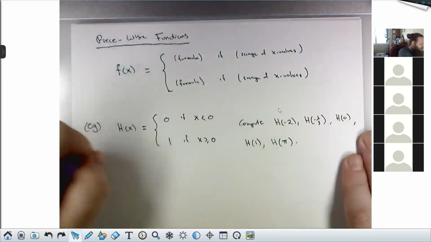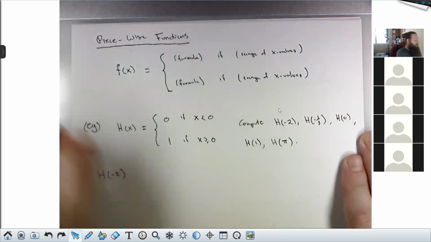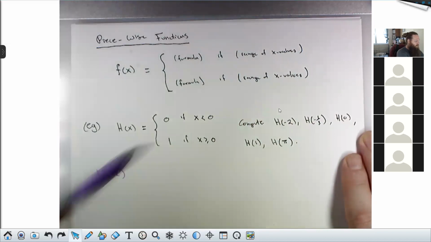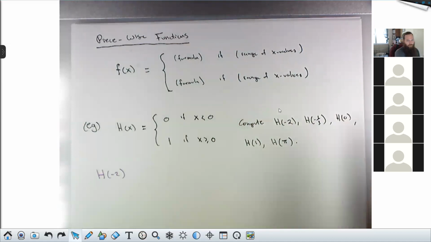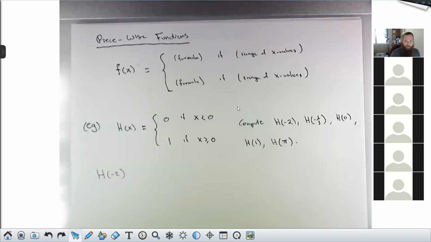So when I go to compute h of -2, well, is -2 less than 0, or is -2 greater than or equal to 0? Less than 0. Certainly less than 0, right? So h of -2, it's either going to be 0 or 1. These two numbers are the only possible outputs for the function h. And since -2, the number I'm plugging in, is less than 0, we're going to get 0.